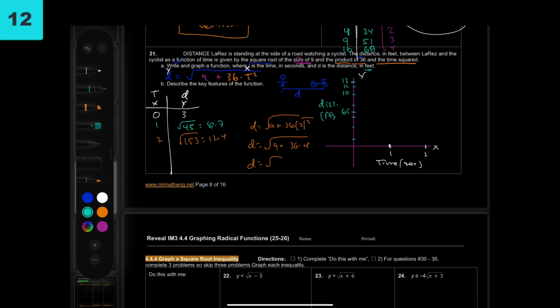So let's graph it: 0, 3; 1, 6.7; and 2, 12.4. So it's going up pretty fast.